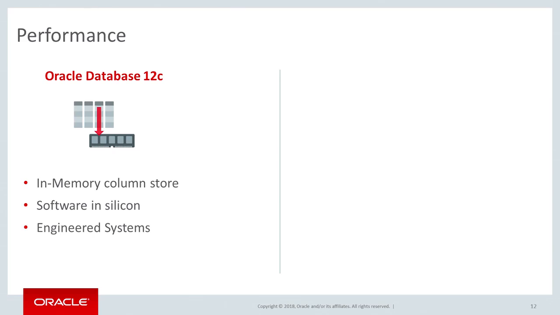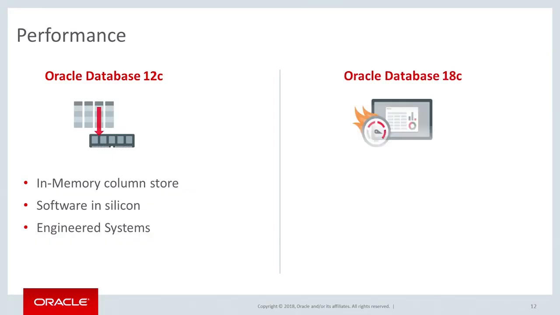Other obvious performance capabilities, the ability to process SQL on silicon and the ability to use engineered systems, take advantage of the additional functionality that comes with things like Exadata storage software, smart scans, hybrid columnar compression, flash cache, storage indexes, and so forth. But we continue to improve Oracle Database's performance capabilities with the introduction of 18c.